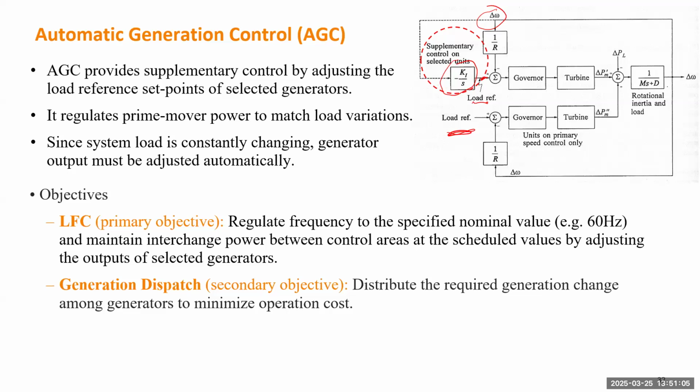For instance, if you do the economic dispatch, usually it can be done every 3 to 5 minutes based on the operating conditions, or maybe at a longer time frame, to give you the most economical cost.